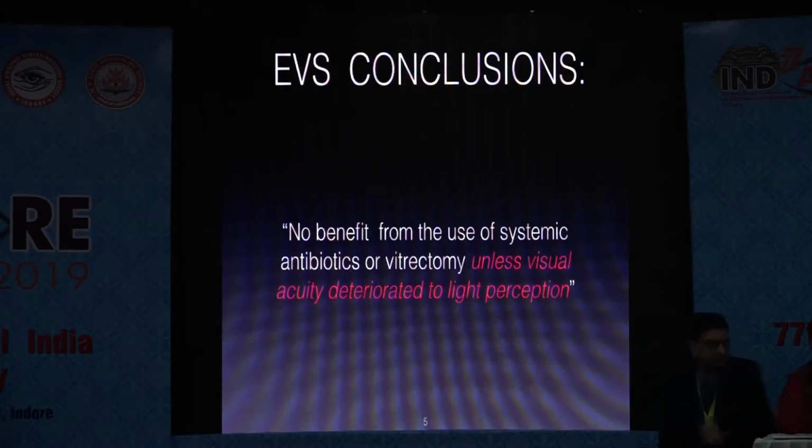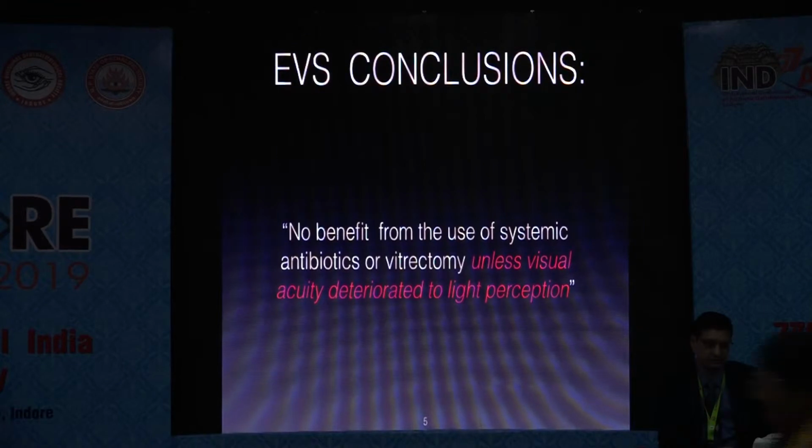Unfortunately, we have some conclusions from the early vitrectomy study, which I think are misleading. This study was carried out several years ago, and what it essentially said was that there was no benefit in the use of systemic antibiotics or, which is more important, vitrectomy, unless visual acuity deteriorated to light perception.